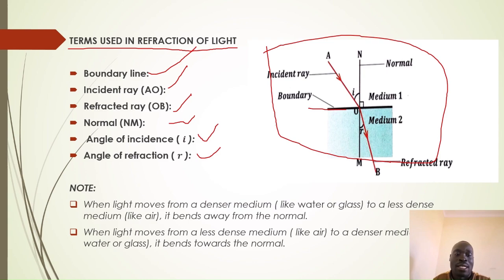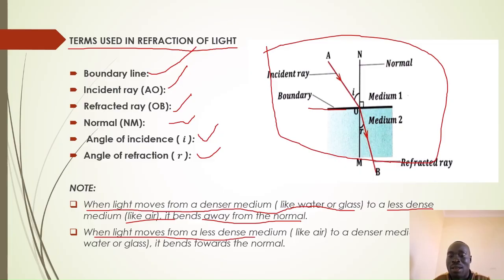And we have to note that when light moves from a denser medium like water or glass to a less dense medium like air, it bends away from the normal. Meanwhile, if light moves from a less dense medium like air to a denser medium like water or glass, it bends towards the normal.